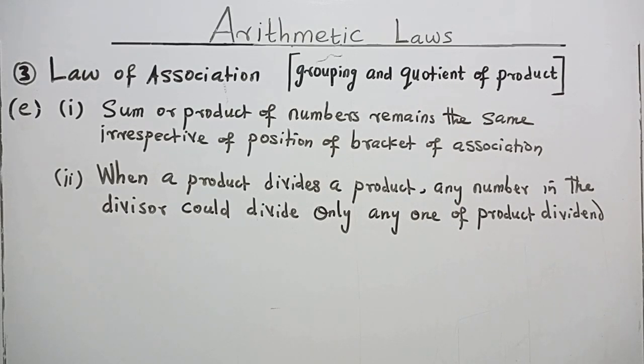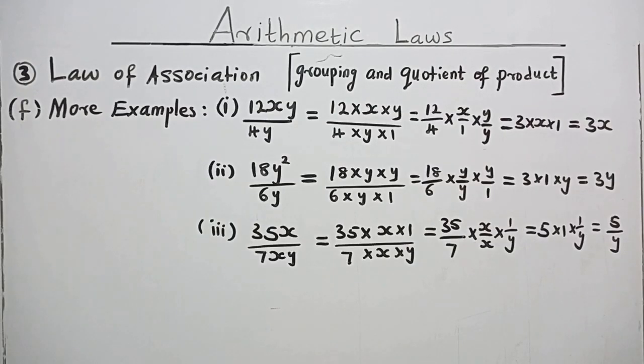At this point, let us see more examples of number operations which we can carry out by applying laws of association. Let us see. And here are more examples based on laws of association. We have 12xy over 4y.